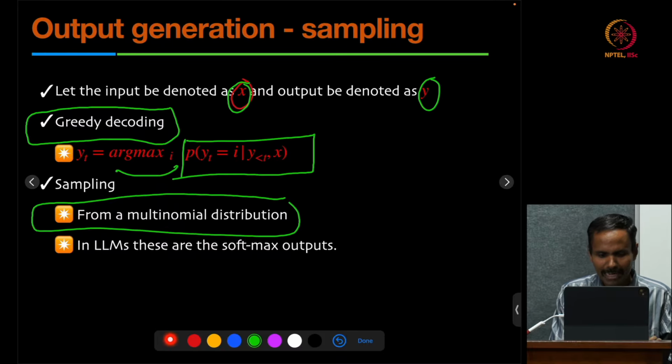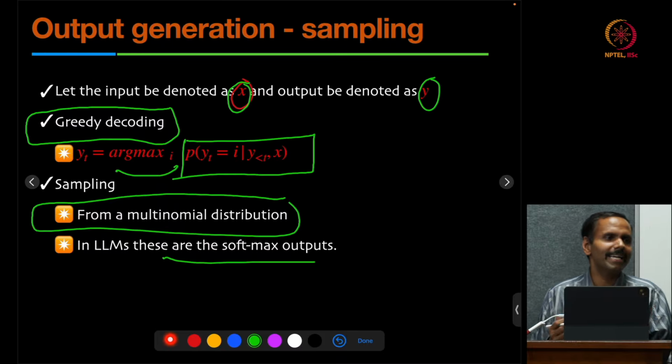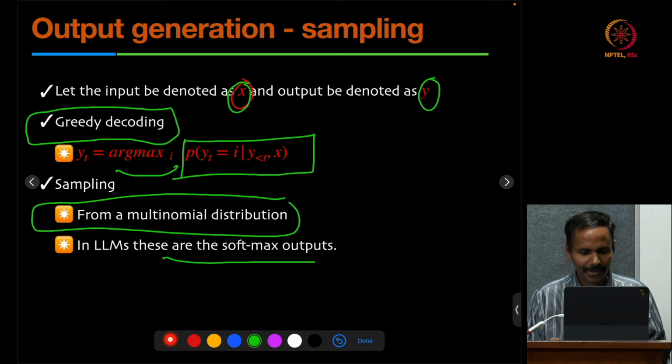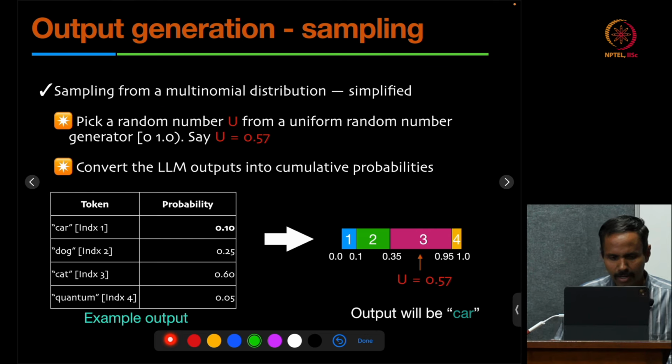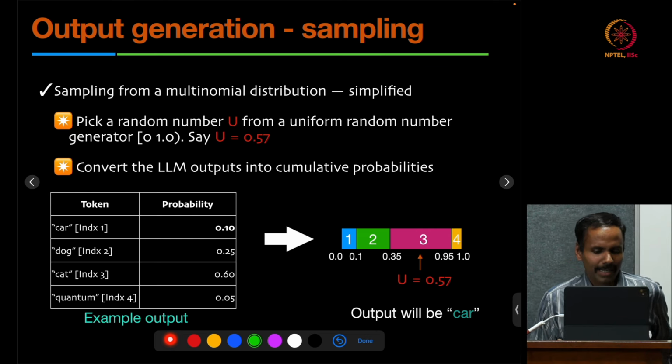These can be from the output of the softmax, and in many cases you can also use the pre-softmax, because it lets you be a bit more computationally frugal. So what then is sampling? Let us be very simplistic and start with a case where you have only 4 tokens.